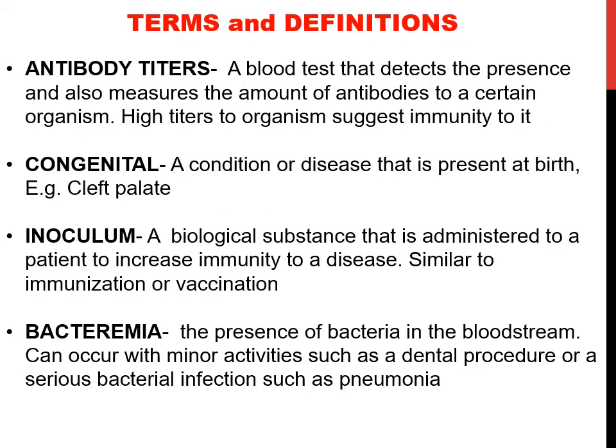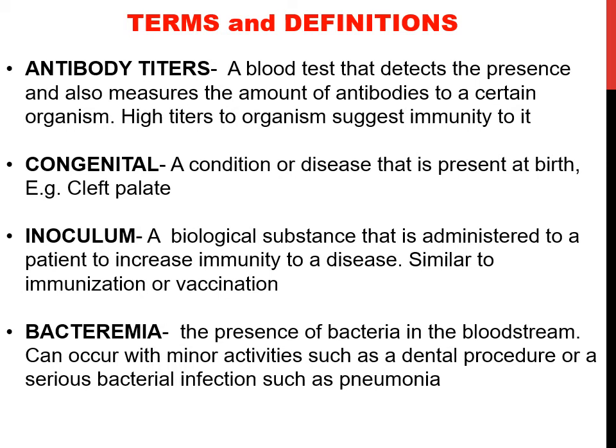Okay, so let's just go over some terms and definitions here. So an antibody titer. An antibody titer is basically a blood test that we can check the presence of the level of antibodies that you have to a certain organism or pathogen.